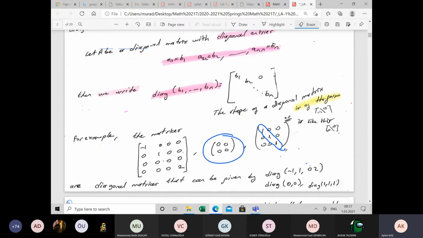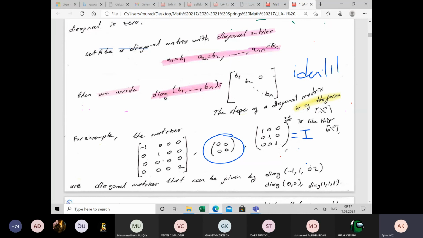The identity matrix is denoted by the notation I. What's the dimension? The dimension is 3 by 3, so we write I sub 3. For example, this one, I sub 2. What does it mean? This one is an identity matrix of dimension 2 by 2, so this one is 1, 0, 0, 1.